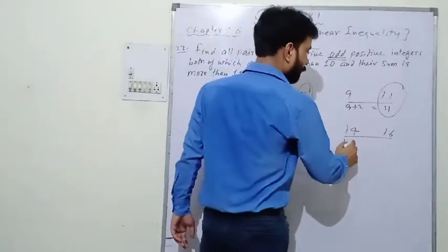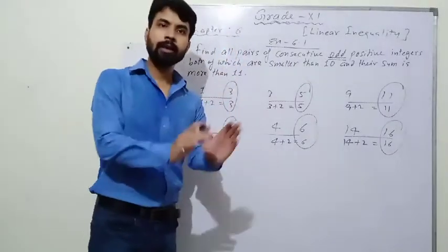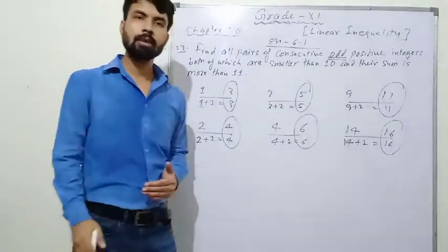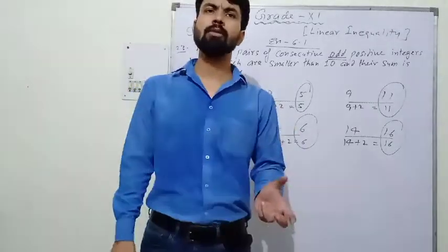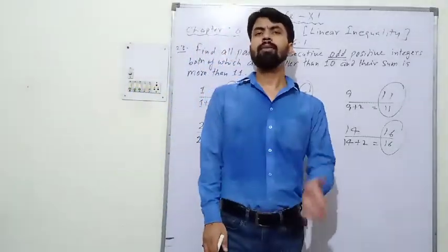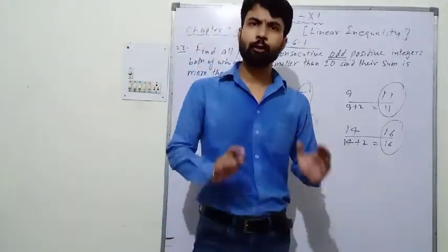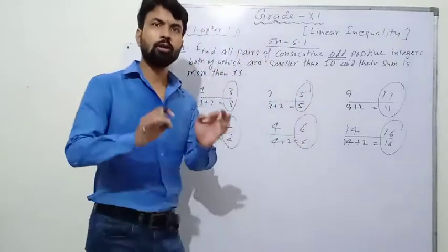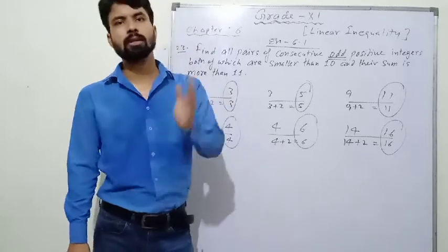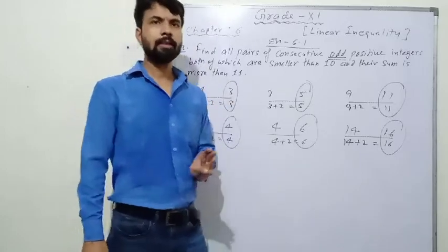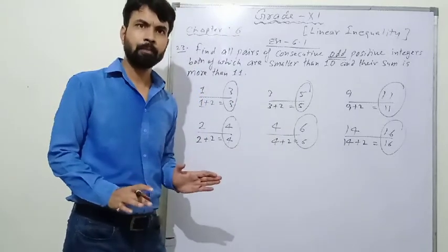Here, first number is 14. If we add 2, then we get 16. So no matter whether the question is asking about odd numbers or even numbers, if it is asking about consecutive odd or consecutive even numbers, we will consider the first number x and the second number x plus 2. Always keep this point in your mind. Hope it is clear? Good.